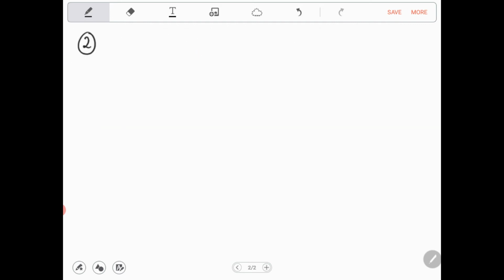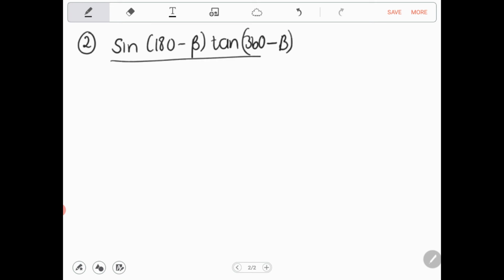All right, number 2. Sine 180 minus beta, tan 360 minus beta over sine 180 plus beta.